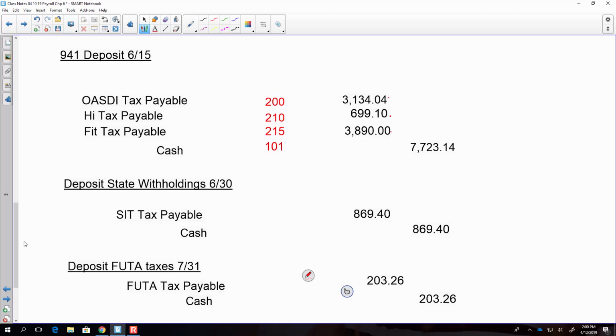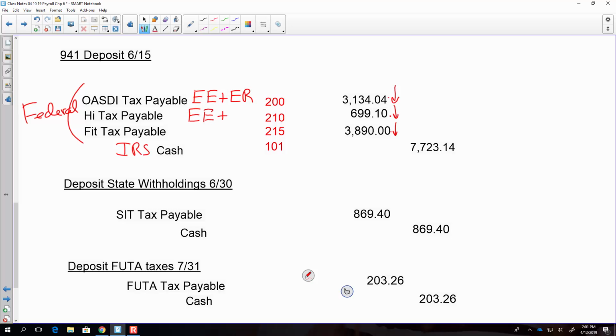What am I doing? I'm reducing these numbers with a debit entry, making my 941 deposit to the IRS for the federal taxes that were not only the employee portion, but the employer portion has to be paid at the same time.